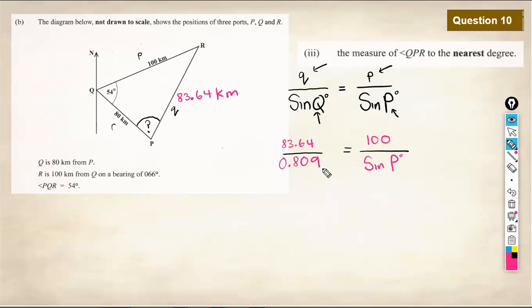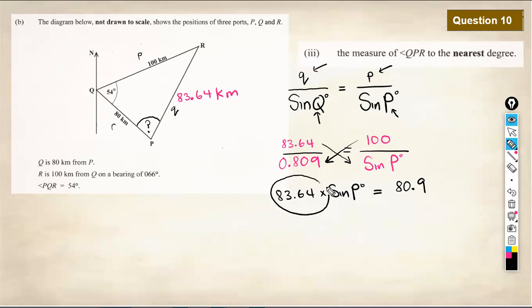And everyone good with me so far? Like you're physically seeing 0.809 on your calculator. Great. Let's cross multiply. Doesn't matter which diagonal first. Let's do this one. So 83.64 multiplied by sine P. And if we multiply this diagonal, luckily I could do that in my head, right?